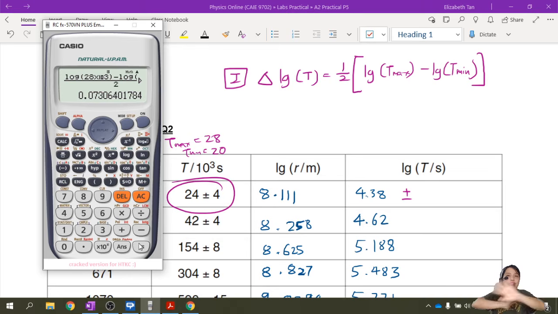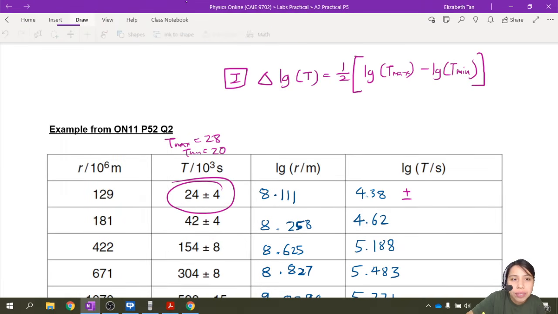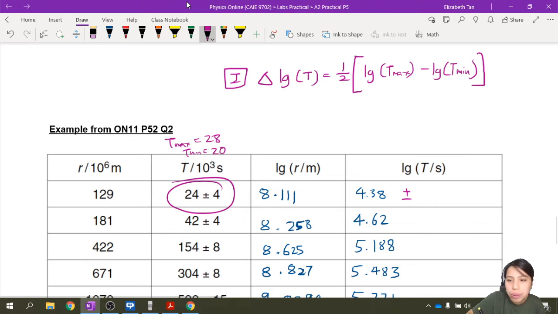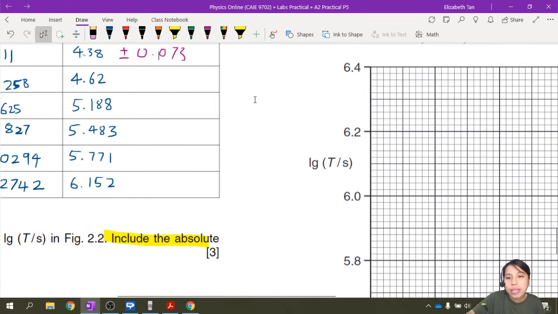How many dp to leave? It's very flexible. So let me just write down the value first. 0.073. I would suggest, first step, check your graph. What is the smallest one box? Just now we already said, so one box is 0.02. Your uncertainty can plot 0.02, okay lor. So 0.07 is really enough already.